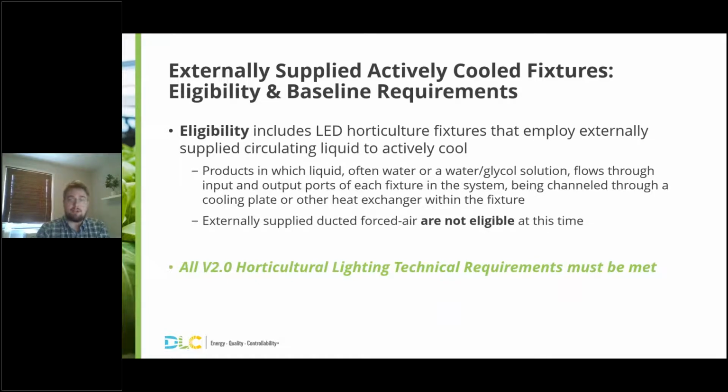And as a reminder, just like Greg mentioned for the DC subsection, actively cooled fixtures here have a baseline of all version 2.0 horticultural lighting technical requirements.